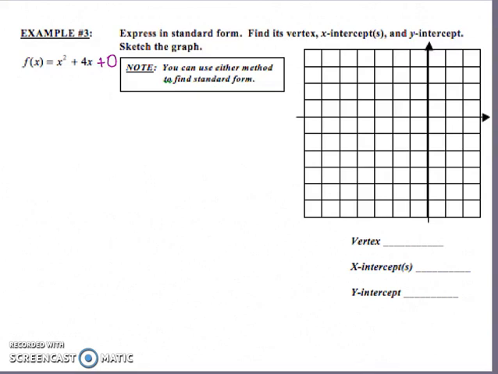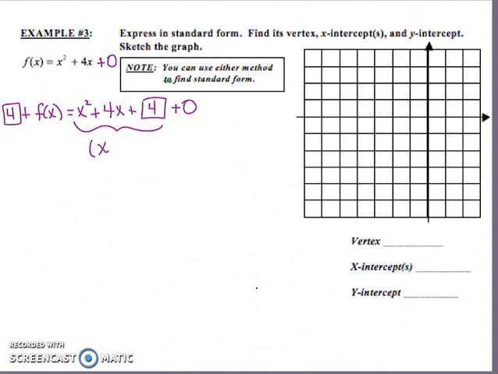Okay, so if I'm going to complete the square, then I'm going to have f of x equals x squared plus 4x. I'm going to go ahead and add my box to both sides of the equation. To figure out what goes in the box, I'm going to take 4 divided by 2, which is 2, and then square it, which again gives me 4. And my c value over here was a 0. So now I'm going to factor this side, and this factors into x plus 2 quantity squared.